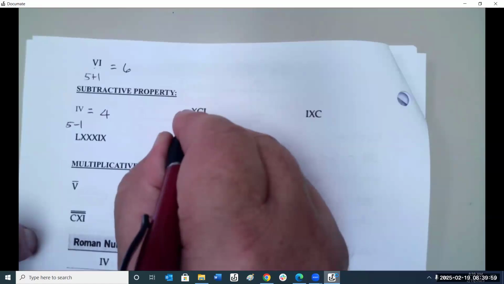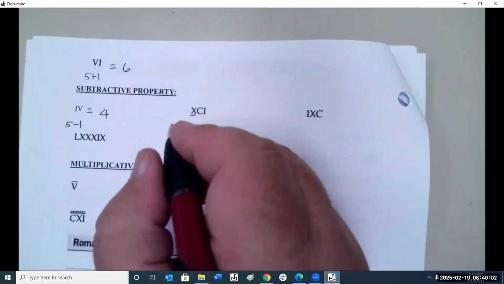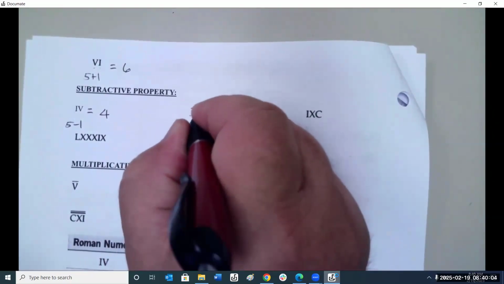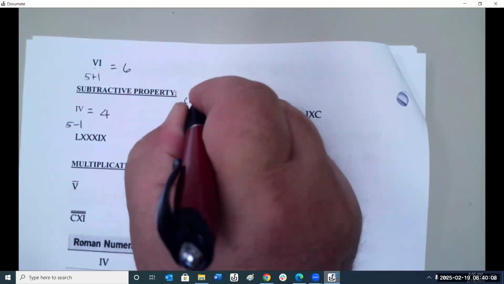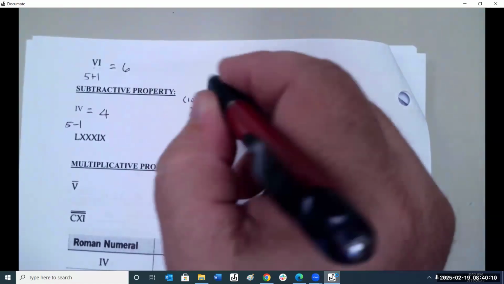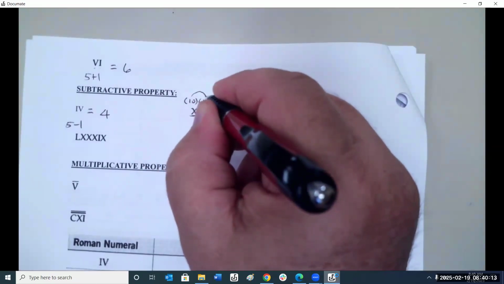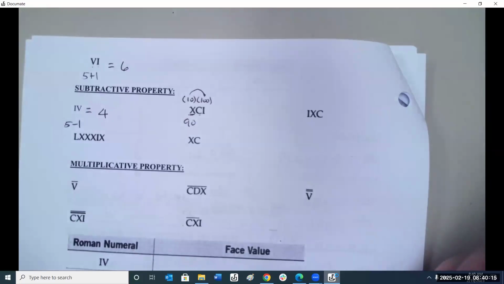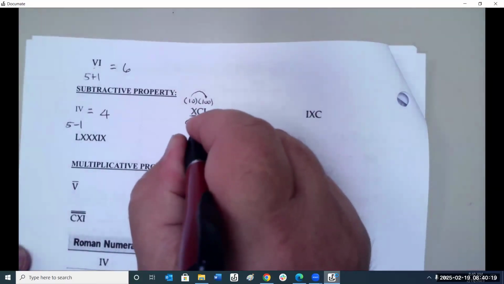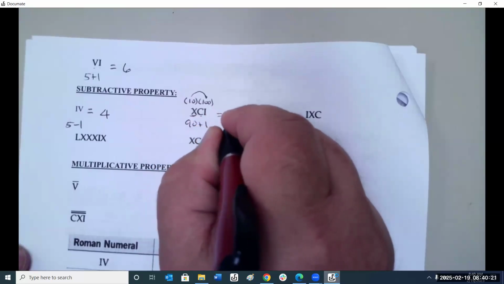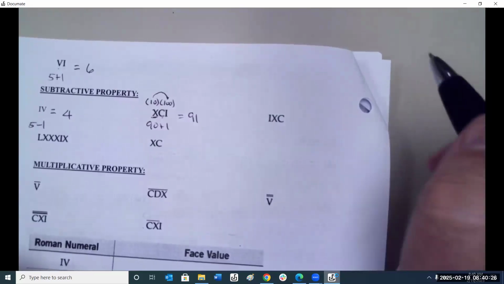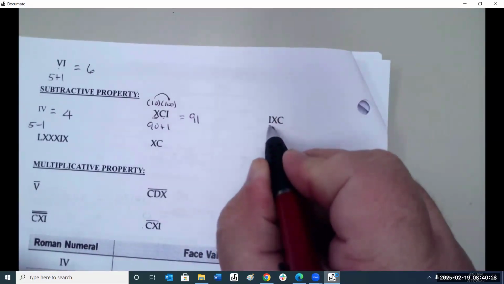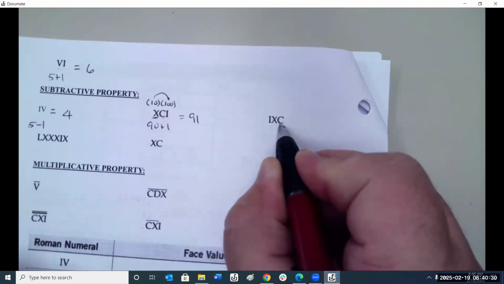Yeah, because this is a 10. This is how you could look at it. It's 10. What does C represent? C represents 100. So it's 10 before 100 is 90. That's one way you can look at it. Plus 1 is 91. And this is a 1 before a 10 before.